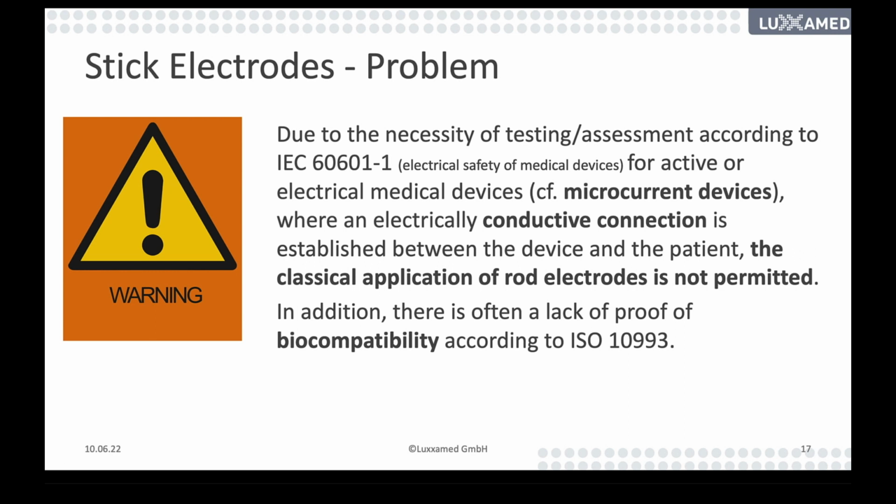In addition, often we have a lack of proof of biocompatibility of the hand electrodes or stick electrodes, because inside the metal there are sometimes parts which can cause allergic reactions in the patient. Therefore, of course, manufacturers have to follow the requirements and the reports and tests of biocompatibility according to ISO 10993.